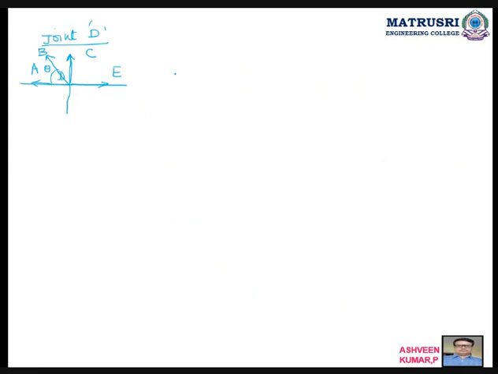Then sigma F of y is equal to 0, what will happen? This is P_CD upward positive. This is also coming upward, so plus P_BC cos 45.